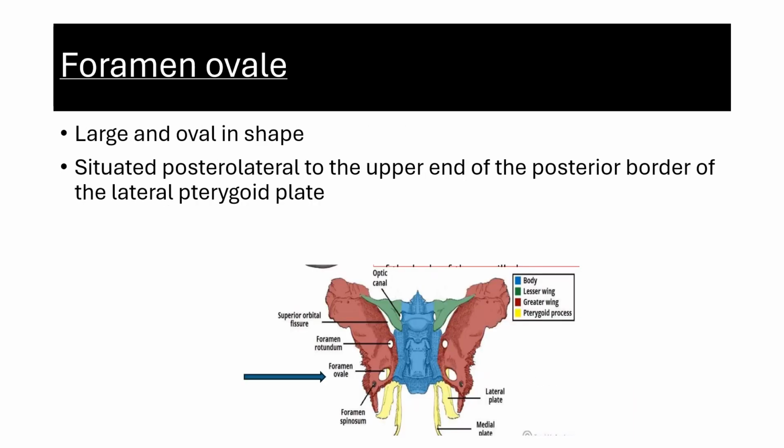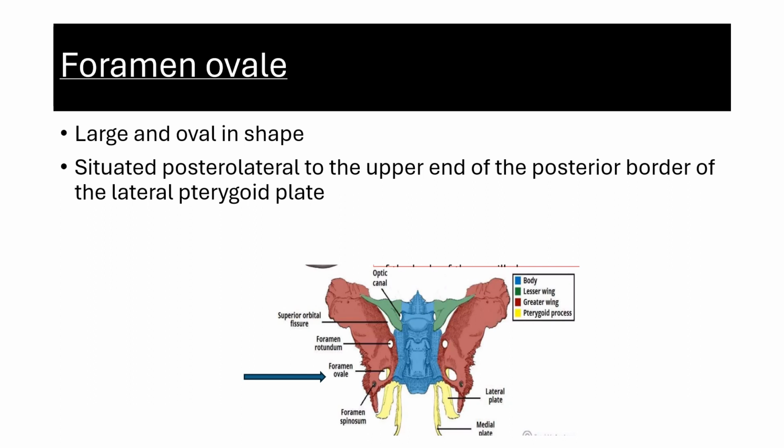Next is the foramen ovale. It is a large oval-shaped foramen situated posterolateral to the upper end of the posterior border of the lateral pterygoid plate. So its location is related to the lateral pterygoid plate. Which part?